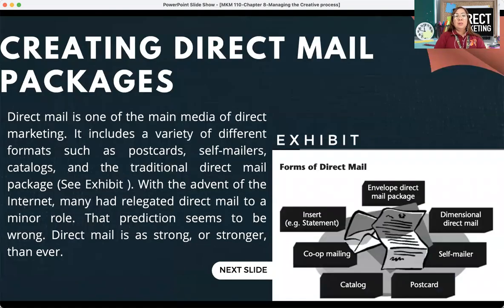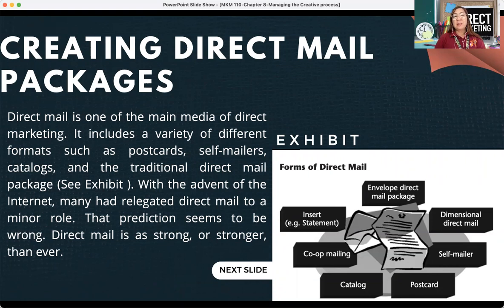Right. So direct mail is one of the main media of direct marketing, and we all know that. And we have learned from surveys and research that direct mail is more prominent when it comes to promotion of the business. Likewise, direct mail is more lenient to use than online direct mail.